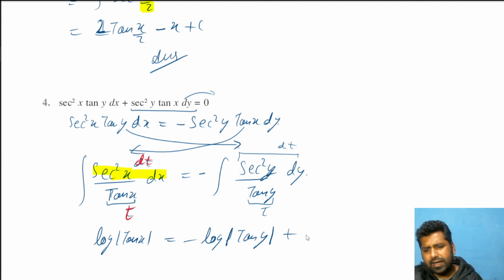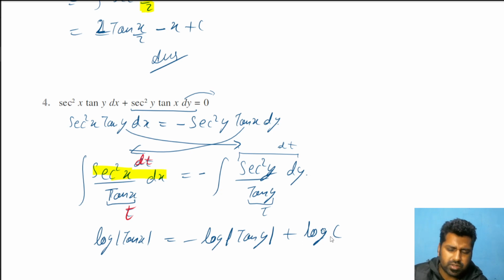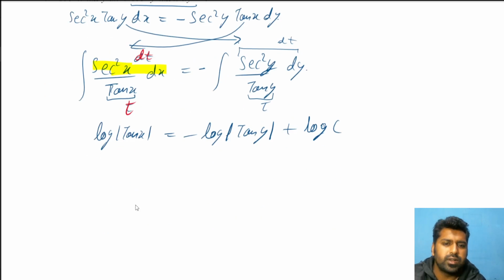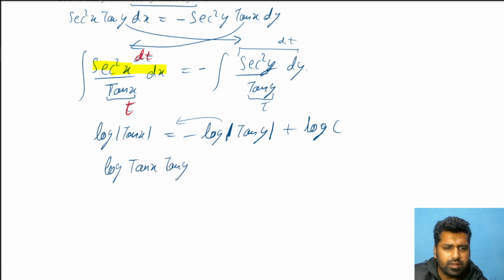Plus, rather than writing c, I told you that we can write the constant as log c also, because log of some constant is also a constant. Now what is the benefit of this? If I take this term on the left, the logs will become addition, and log a plus log b is log ab. So log of tan x tan y in the mod is equal to log c.